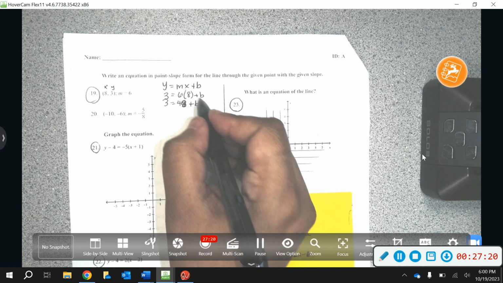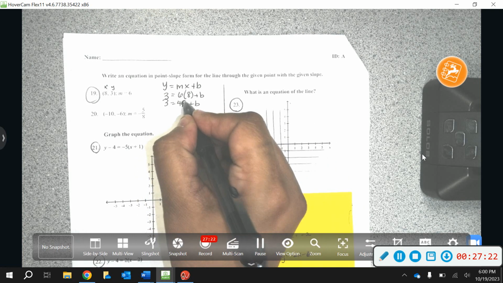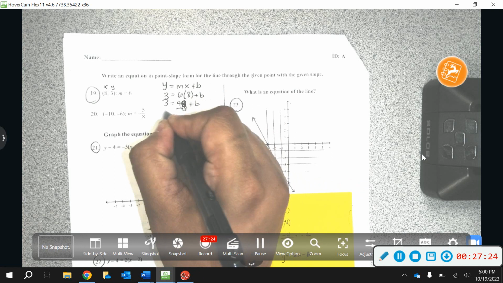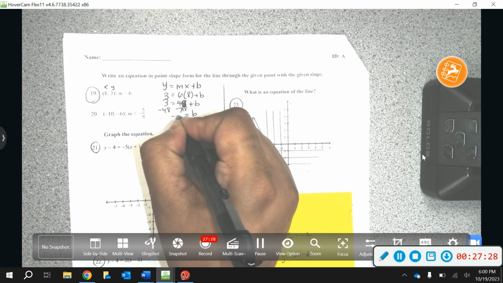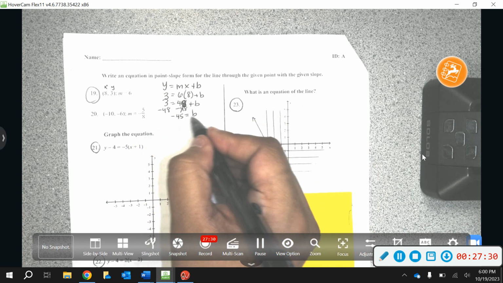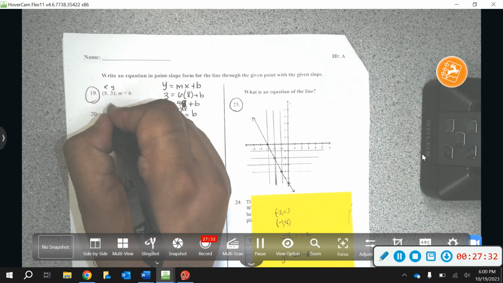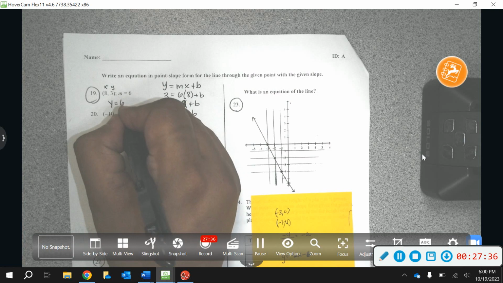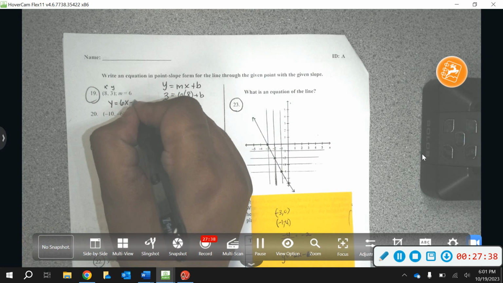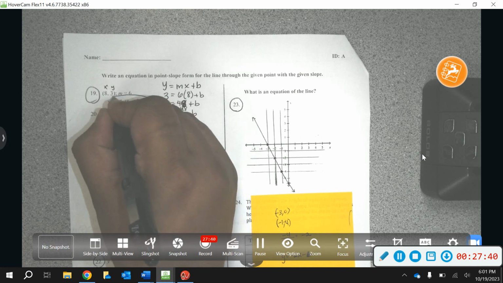All right, 48, 6 times 8 is 48. Subtract 48, and b is equal to -45. So what's my equation? My equation is y equal to 6x minus 45.